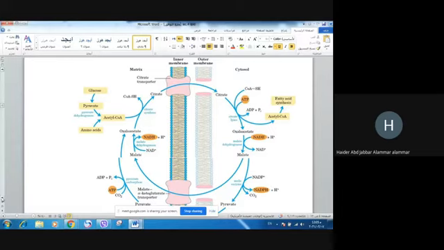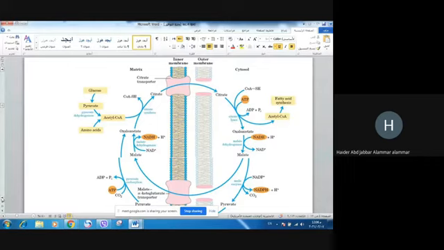This reaction is catalyzed by the citrate synthase enzyme, inside the mitochondria. When we form citrate, there is a citrate shuttle or citrate channel in the mitochondrial membrane. This is specific for citrate, and the citrate can easily move out of the mitochondria to enter the cytoplasm.